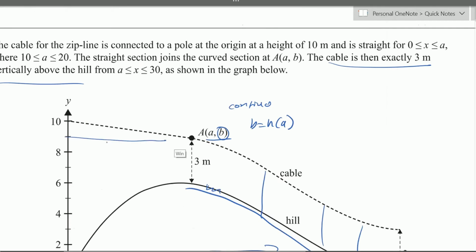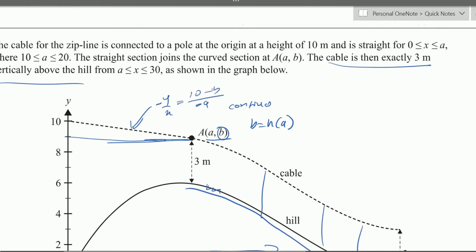So the straight section is just this. So it's asking for the gradient of this, and that would be rise over run, and it's negative, so it's negative rise over run. Or you can do y2 minus y1 over x2 minus x1, but you can just see. So this would be 10 minus b on a, but negative.